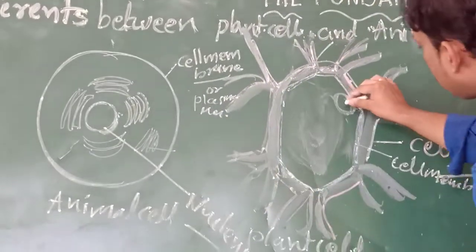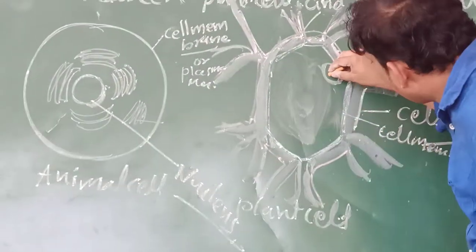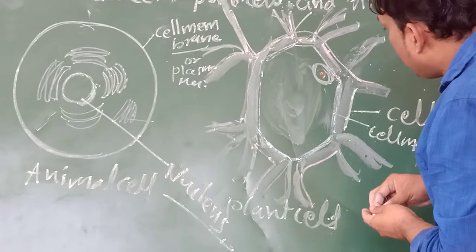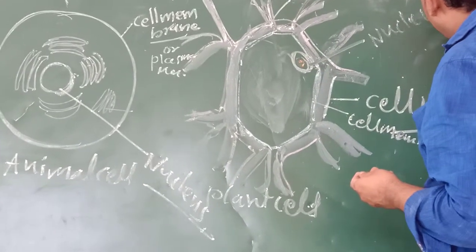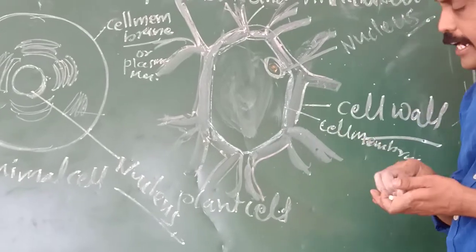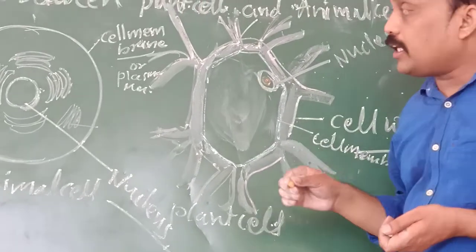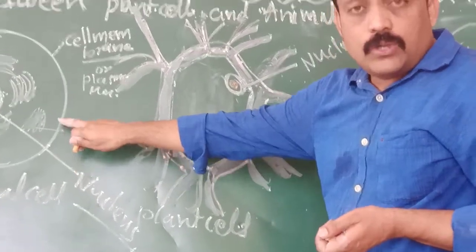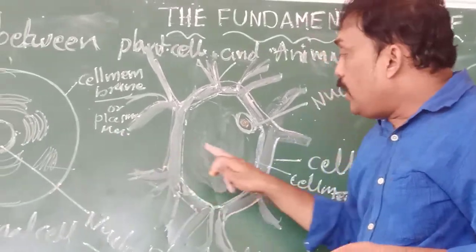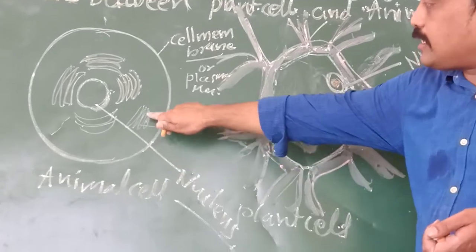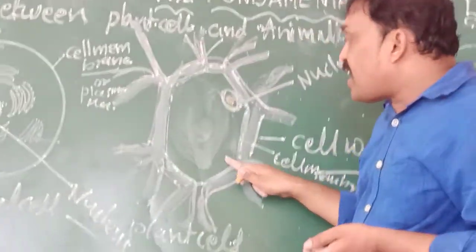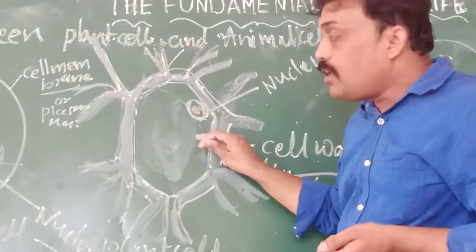The nucleus is located at the edge of the cell. Why is the nucleus located at the edge of the cell? In animal cell, the nucleus is located in the middle of the cell. In plant cell, the nucleus is located at the edge of the cell. Why?